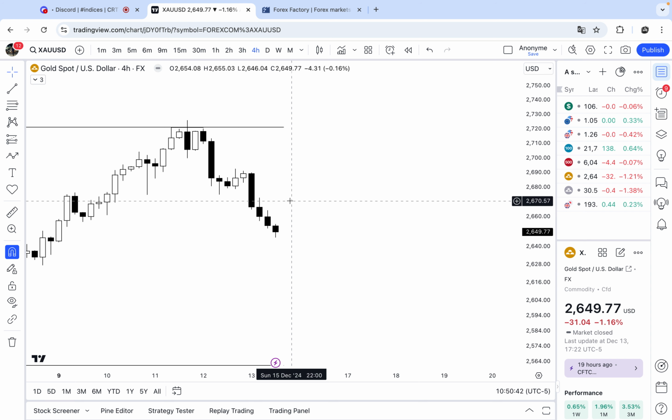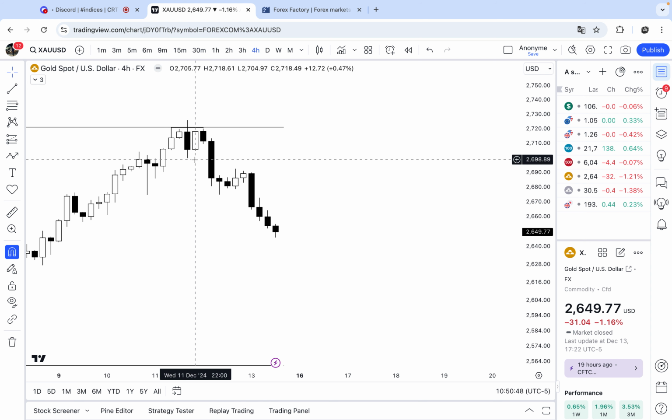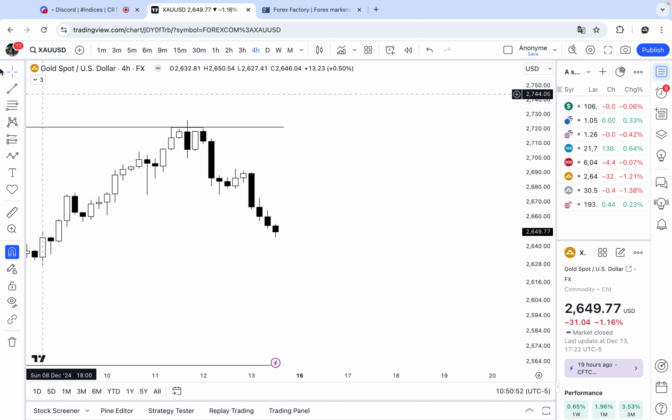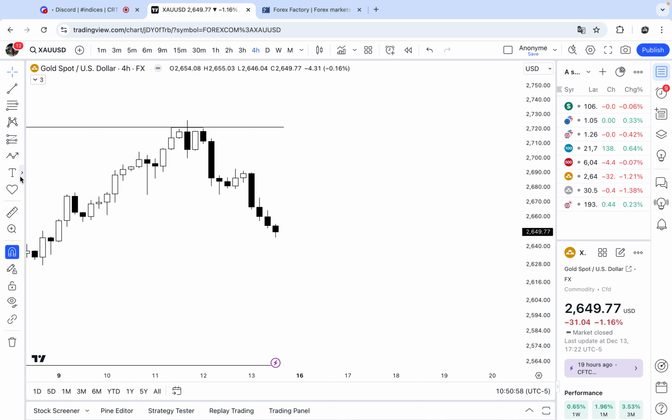All right. So you get this fair value gap, you get this high, you get another fair value gap, you got an order block right here. So what I'm gonna do is mark up the key level that did not get respected. So we got a fair value gap here that got respected.